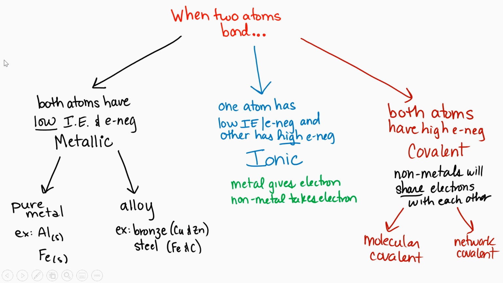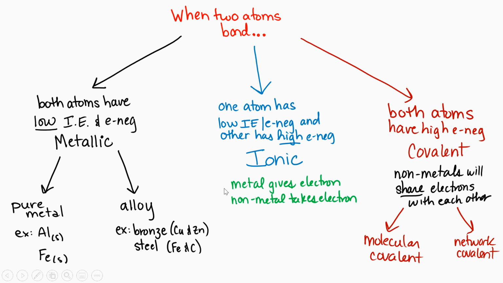And then here we have an overview, again, kind of reviewing the different types of bonds we can form. When you have 2 atoms bond together, if both atoms have really low ionization energy and electronegativities, that means you're combining 2 metals. You get metallic bonding. And you can have either a pure metal or an alloy, which would be a mixture of metals. If one atom has a low ionization energy and the other one has a high electronegativity, that's ionic bonding.